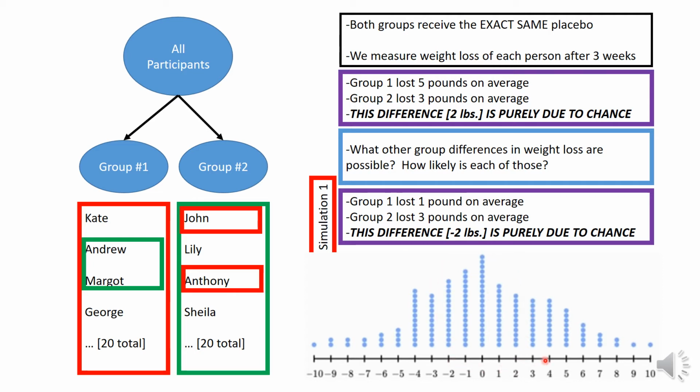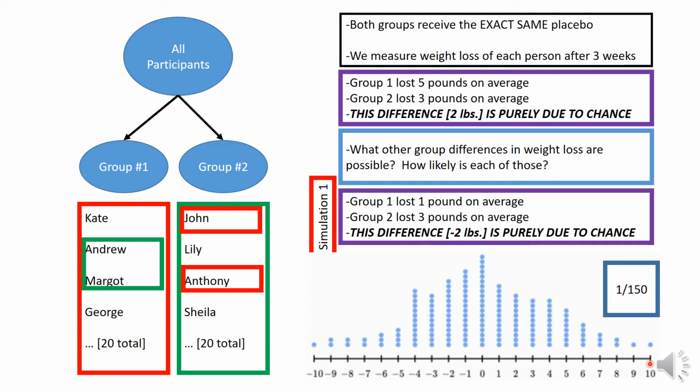Very rarely did group 1 lose 10 or more pounds than group 2. In fact, that only happened once. Also, very rarely did group 2 lose 10 or more pounds than group 1. That also only happened one time. So in either case, you have a result that has a 1 in 150 chance of happening. That's less than a 1% chance of happening.